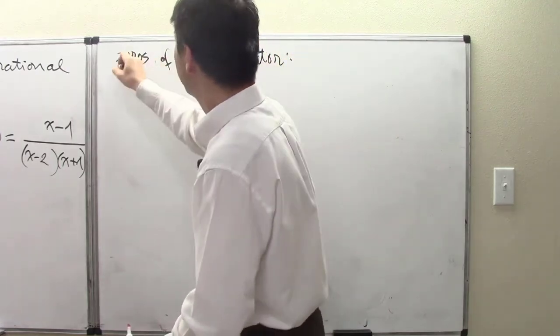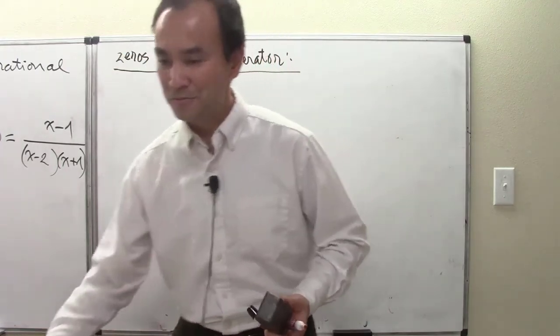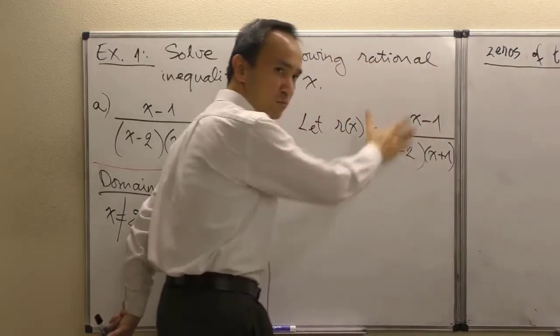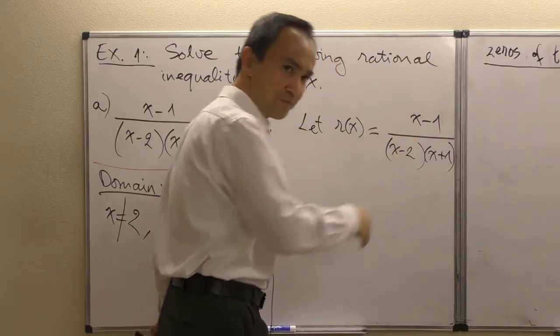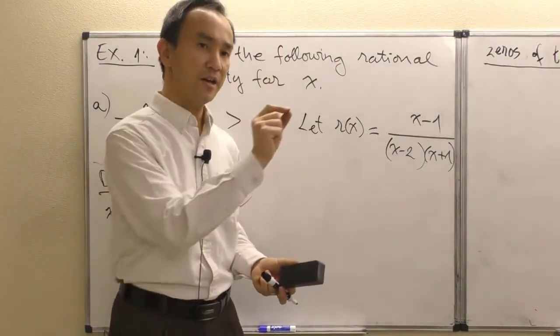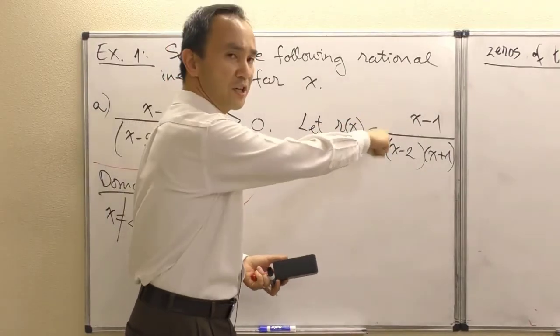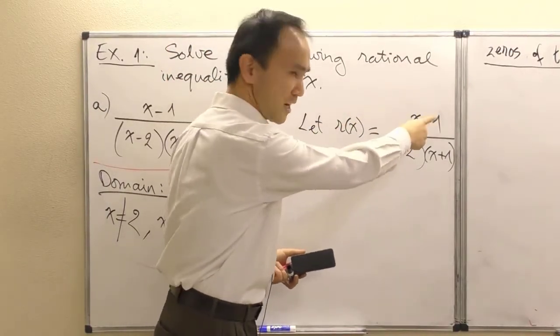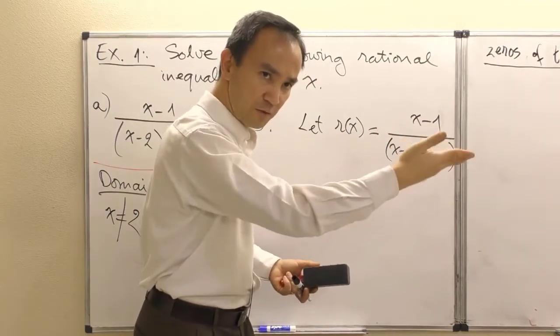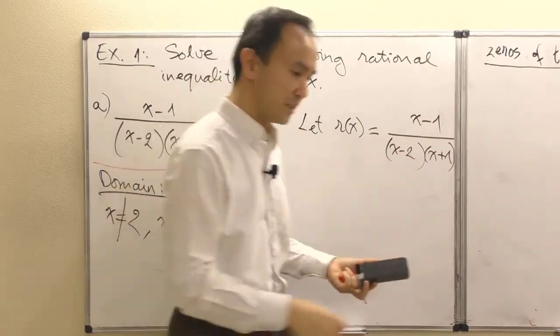Recall again that our rational function is here, and this is already the most simplified we can go. In its most current numerator, x minus 1 is the only linear factor in our current simplified numerator.